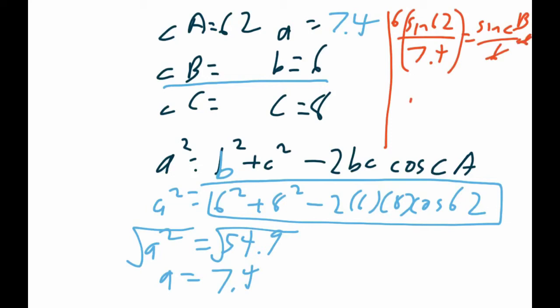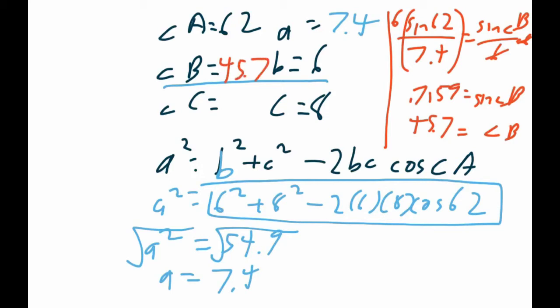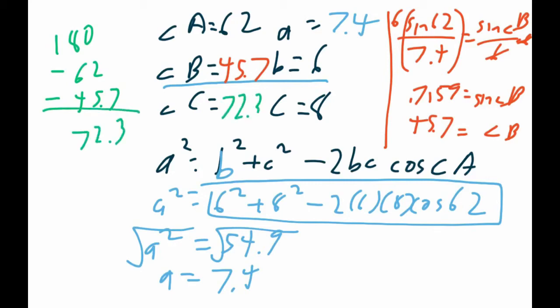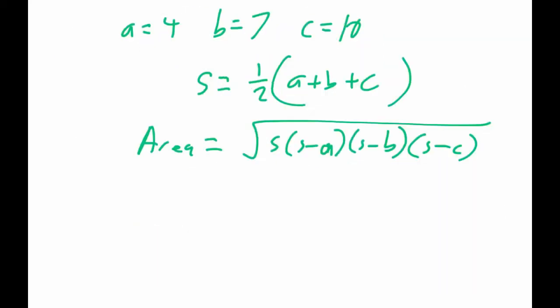I wind up with 0.7159 equals the sine of angle B. So angle B is equal to 45.7. Now for angle C, I'm going to do 180 minus 62 minus 45.7, which is 72.3. And then I have solved the triangle.